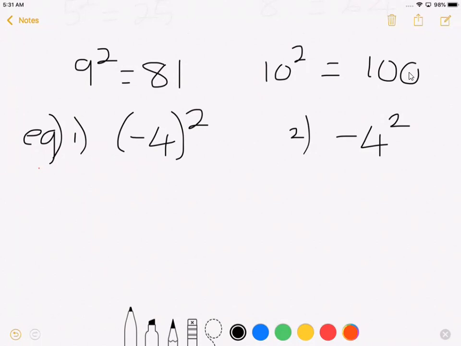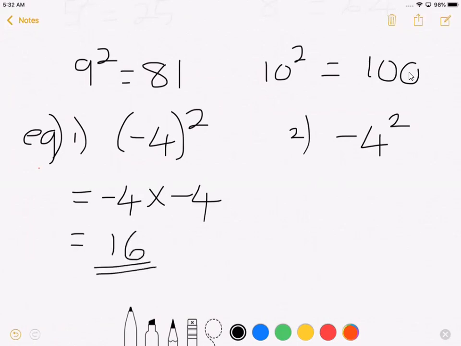So in the first one, minus 4 is being squared. It means I need to multiply minus 4 by itself 2 times, which is minus 4 times minus 4, because I am multiplying minus 4 2 times. A minus multiplied by a minus is a positive. 4 times 4 is 16. So this gives you 16.